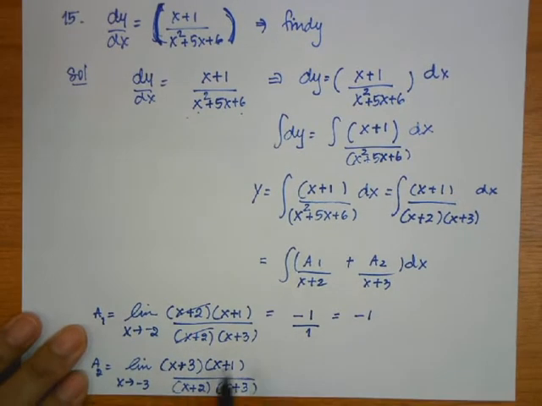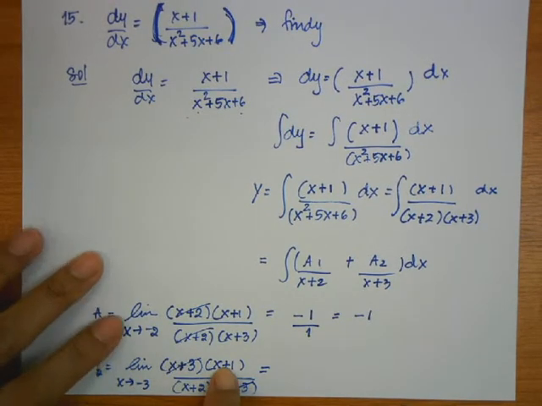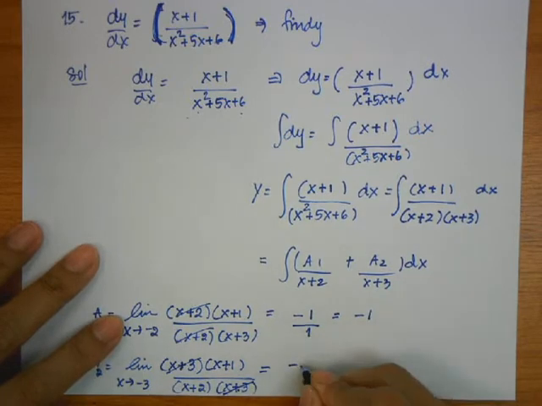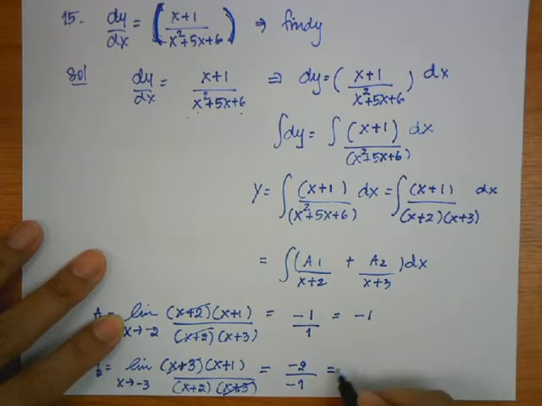You see here, x plus 3 and x plus 3, so you have only x plus 1 divided by x plus 2. So you put x equal to minus 3 there. Minus 3 plus 1 equals minus 2, and minus 3 plus 2 equals minus 1. So you would get 2.